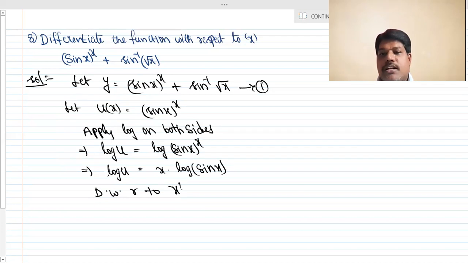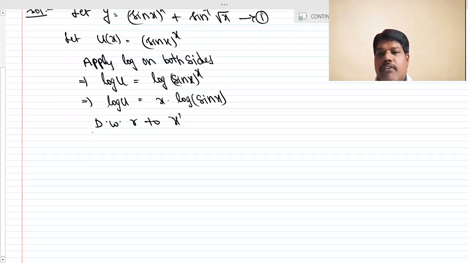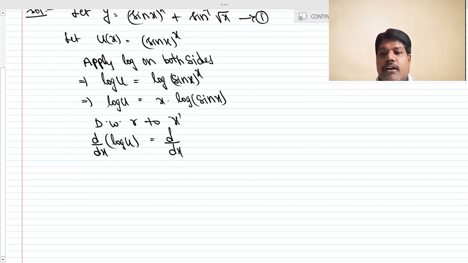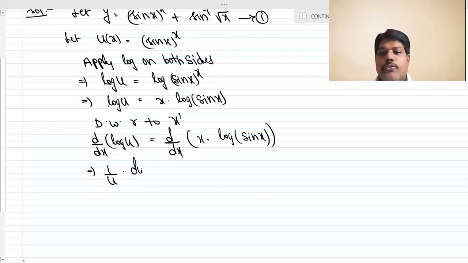What happens, students? The derivative of log u is equal to the derivative of x into log of sin x. Derivative of log u, already you know, is 1 by u into du by dx.